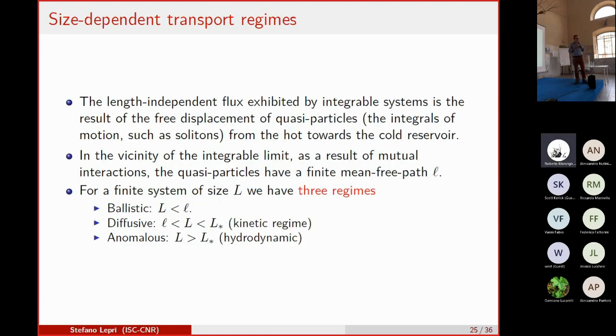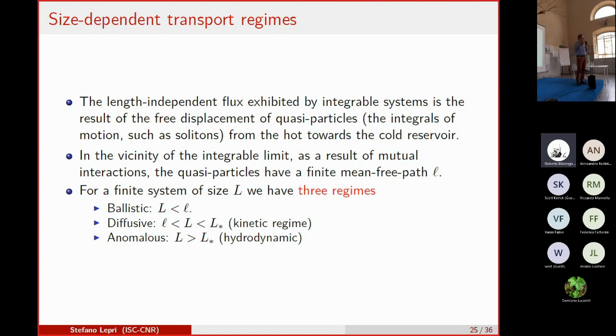The idea I will just explain in very simple terms. Suppose you have an integrable system and you have your quasi-particles. If the system is unperturbed, the quasi-particles travel more or less freely. You switch on a bit of perturbation. Think of the perturbation as a mechanism that induces a finite mean-free path, like you do in kinetic theory.